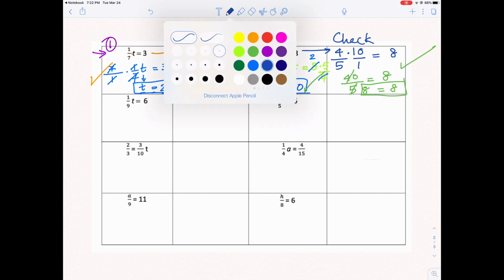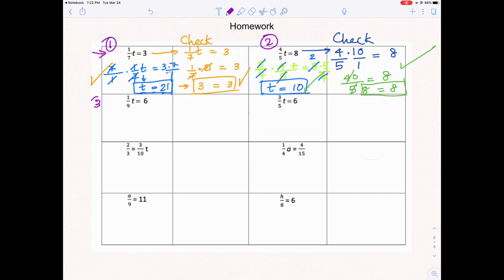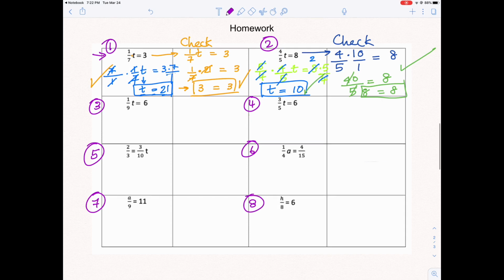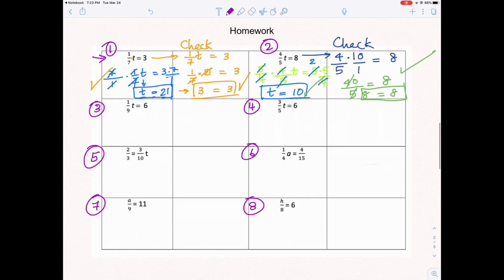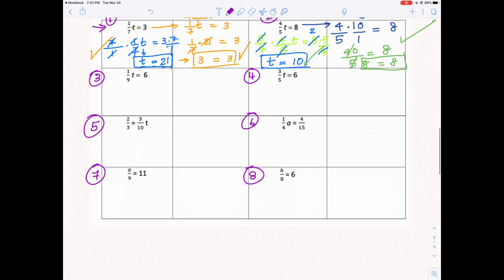This is going to be number 3, number 4, number 5, number 6, number 7, number 8. Now it does say one step, and yes, I am doing one step, but I'm actually multiplying by a fraction or the reciprocal of the fraction to solve the equation, so it becomes one step.